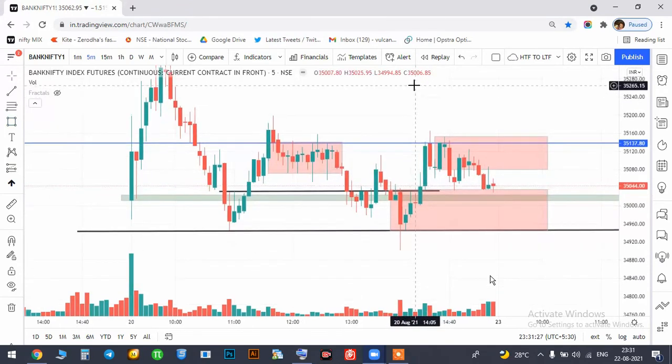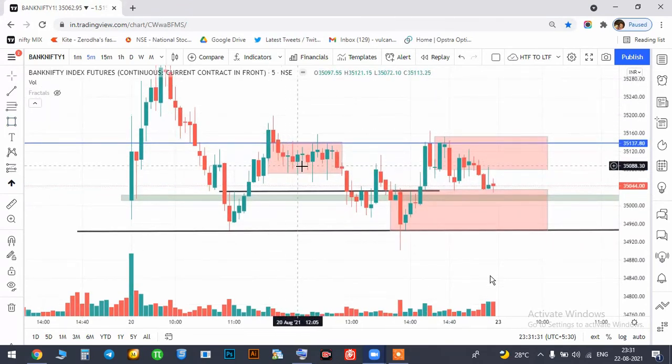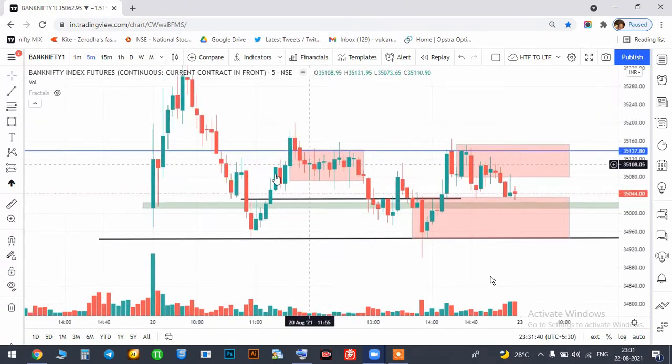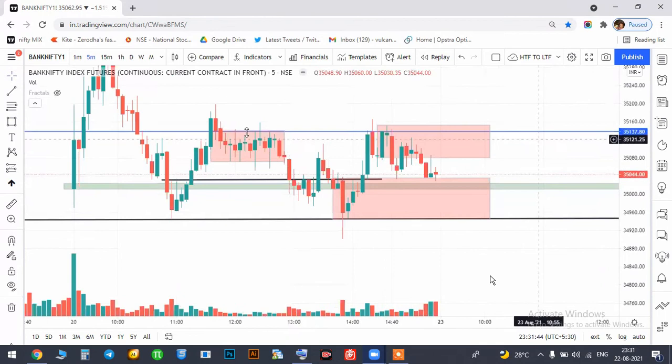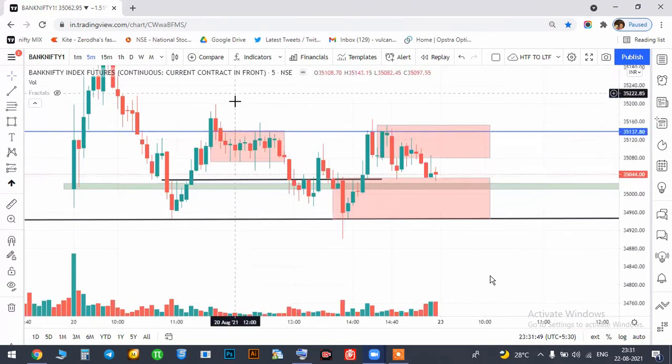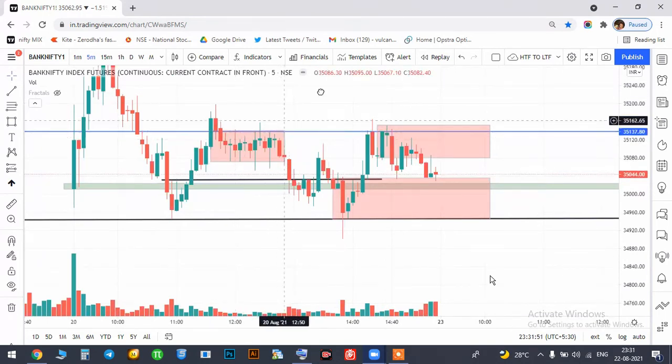This is a 5-minute chart. 5, 10, 15, 20, 30, 35, 40, 45, 50, almost 1 hour. So when price was range bound for 1 hour and I am a future seller, if I sell the future here and my stop loss here, I will not be damaged.